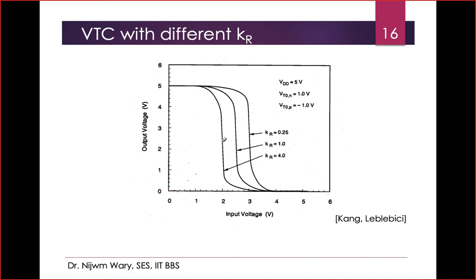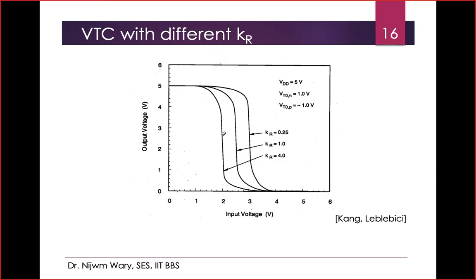How we can understand it is, basically, in the saturation region, whenever I am increasing my Kn, for a smaller VGS I can get a higher current. So that's why this curve is shifting in this direction, right? For a smaller Vin, I am getting the same amount of current as the PMOS device. That's the reason.